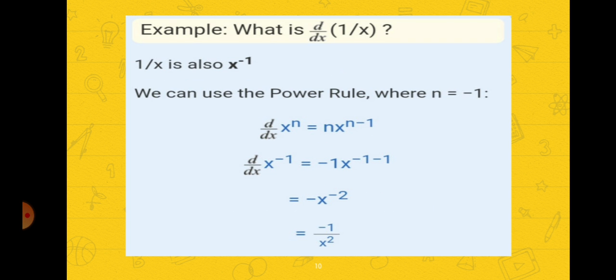So d over dx of x to the power of -1 is equal to -1 times x, where the power is -1 minus 1. So it is equal to -x to the power of -2. So the answer is -1 over x squared. So that is how to solve derivatives.